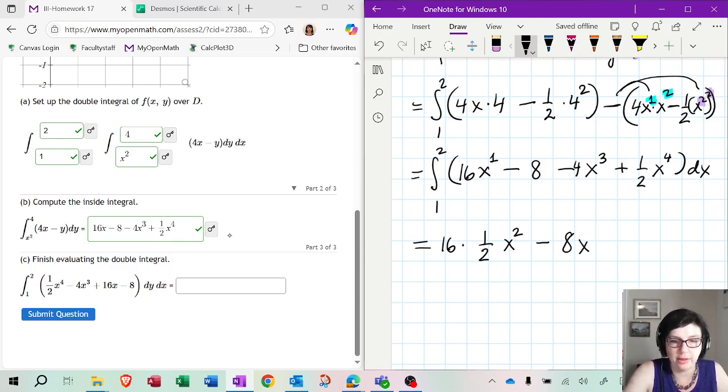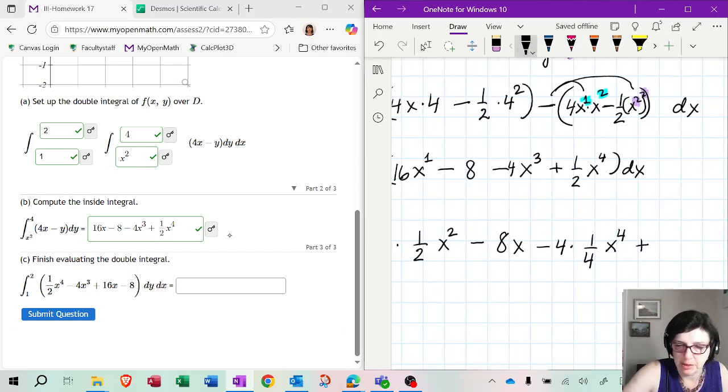So when you integrate 8, you get 8x. Minus 4. Now x cubed, you add 1, so it becomes x to the 4th, and then divide by the same thing, 1/4. Okay, plus 1/2. So now again, add 1, that would be x to the 5, and then 1/5 goes here.